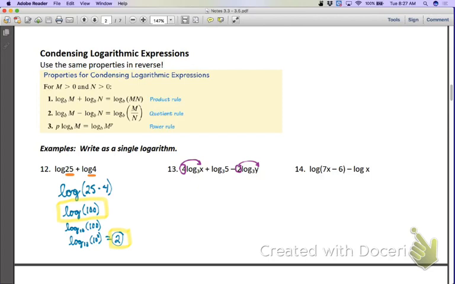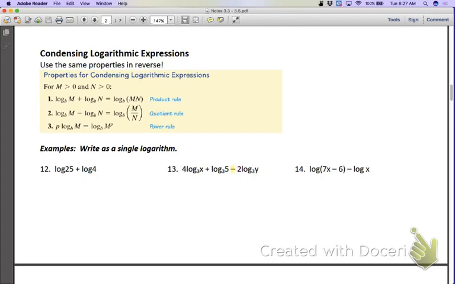If you can think of these as exponents, where does the negative exponent normally go? Usually goes on the bottom, right? So the 4's going here, 2's going there.